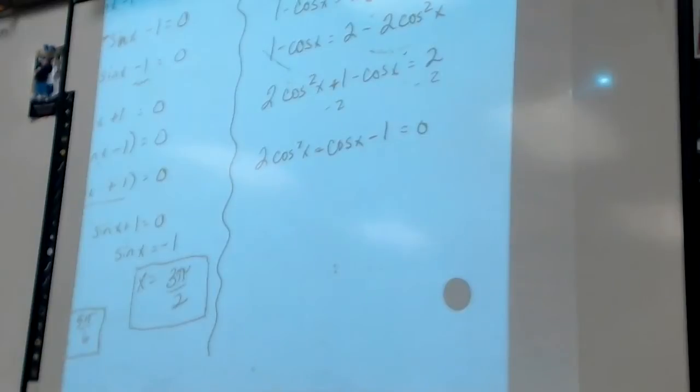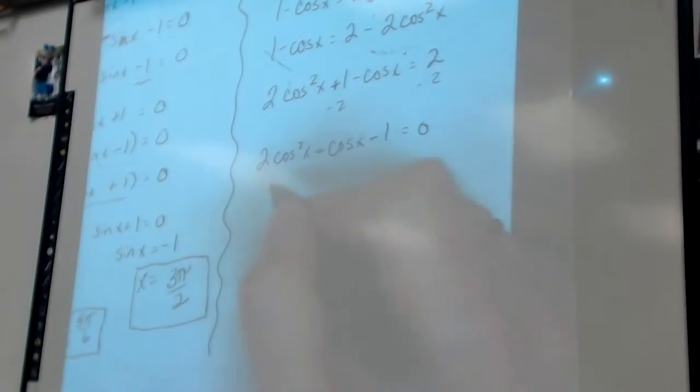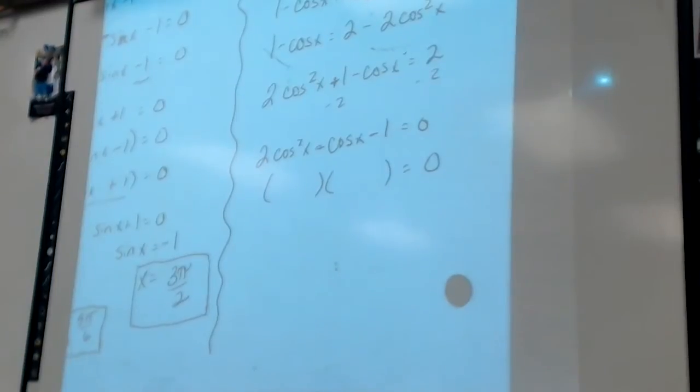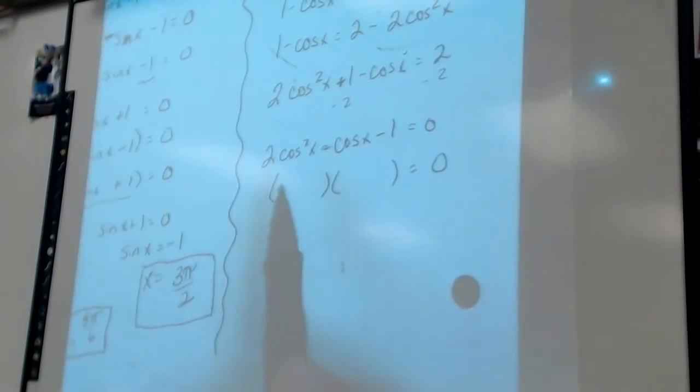Now, we can, let's see. Factor. We cannot factor. Yes, we can. You can't take cosine of 1. Oh, different, not factoring out the GCF.